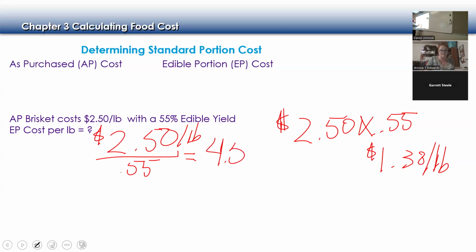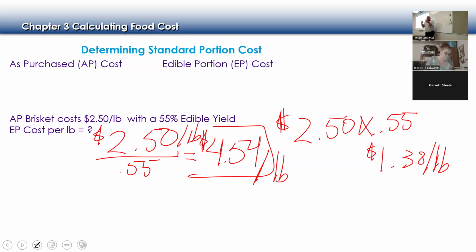So 4.54, 4.55 per pound. Because we are losing product, our cost per pound has to go up. Our cost per pound cannot go down. We paid for this, but I only get to serve this much. That means my cost per pound actually has to go up because I only have a little bit left to serve. So that's why we have to divide.